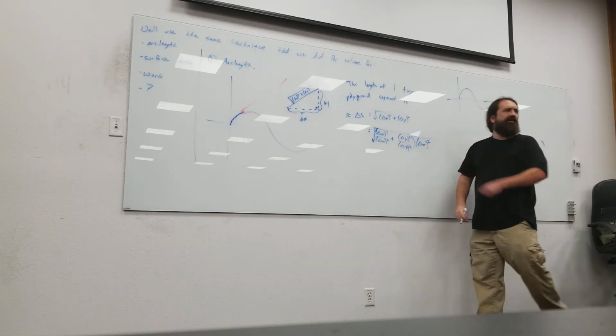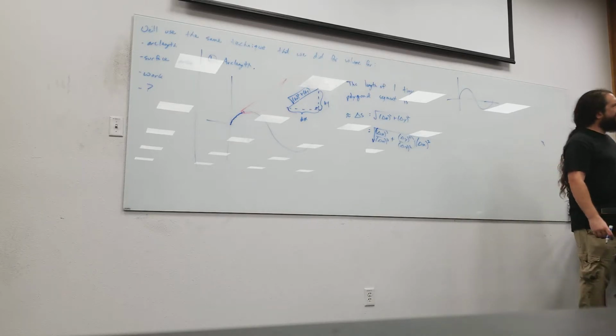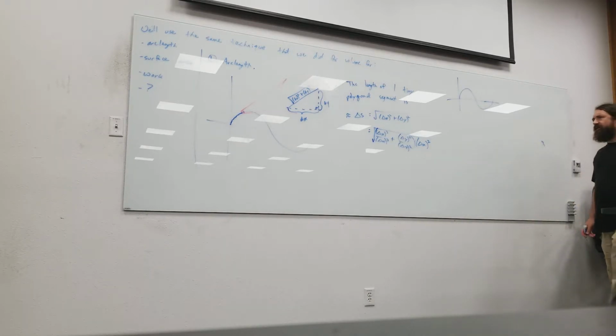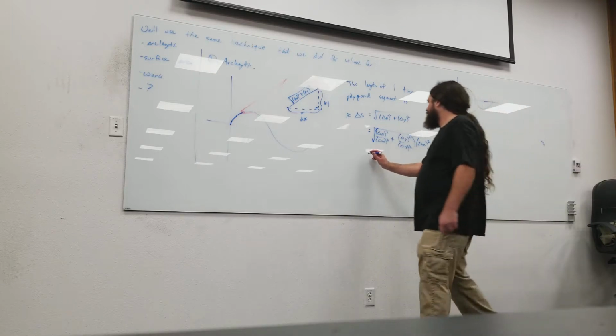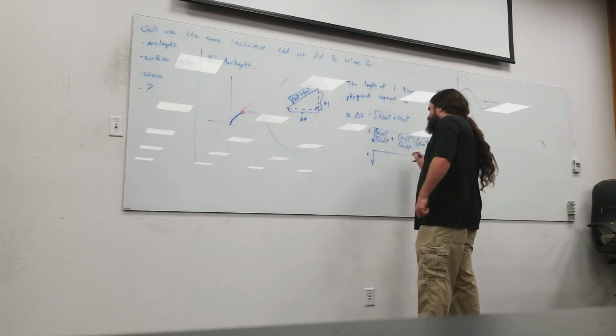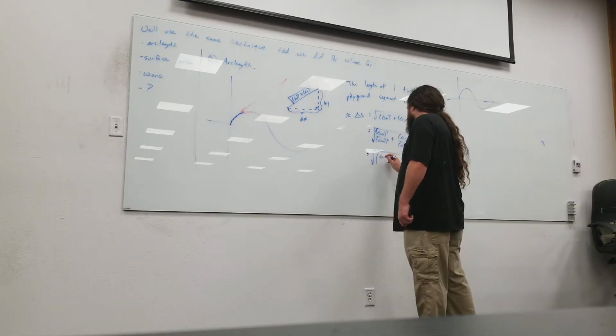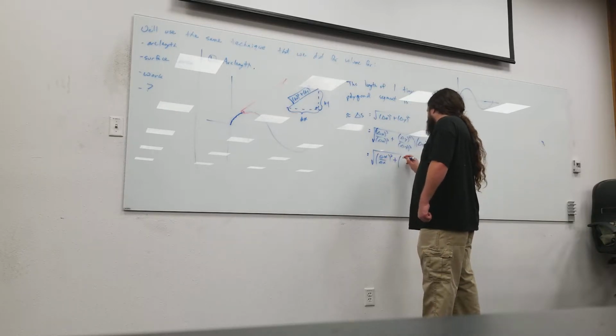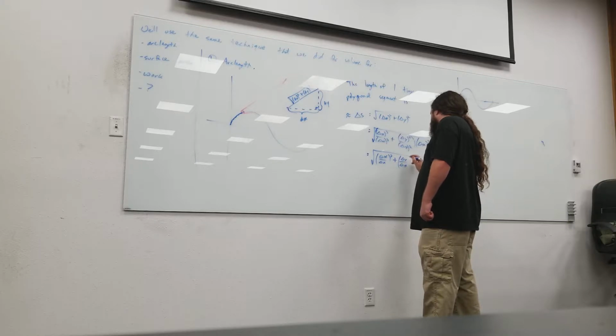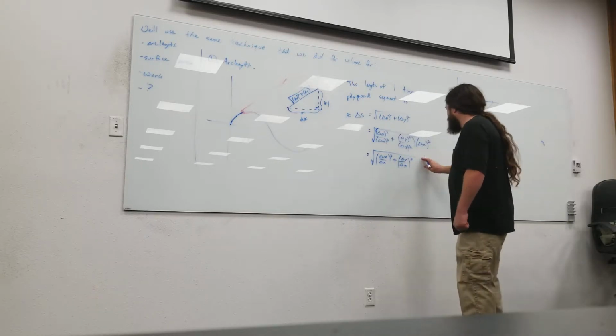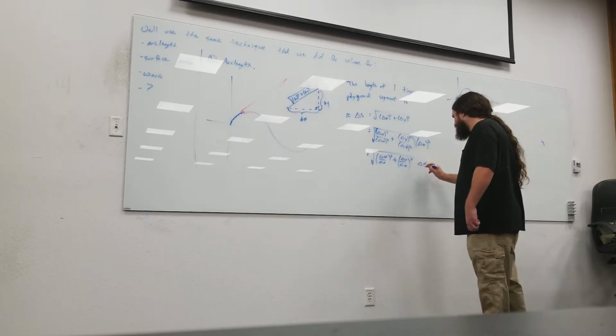I didn't actually change anything if I do that, right? I just multiplied and divided by the same number. Okay. So what I've got is delta x times the square root of delta x over delta x squared plus delta y over delta x squared. And if I take this out of the root, I've got delta x.